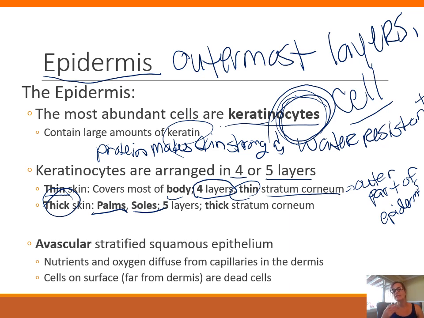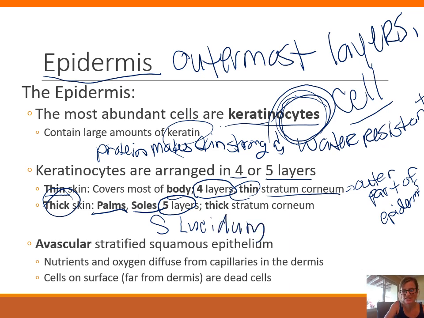When we look at this thick skin on our hands and our feet, we see that the epidermis has 5 layers. So there's 1 extra layer present in the epidermis of thick skin. If you guys remember from lab, what's that called? The extra layer that's present is called the stratum lucidum.